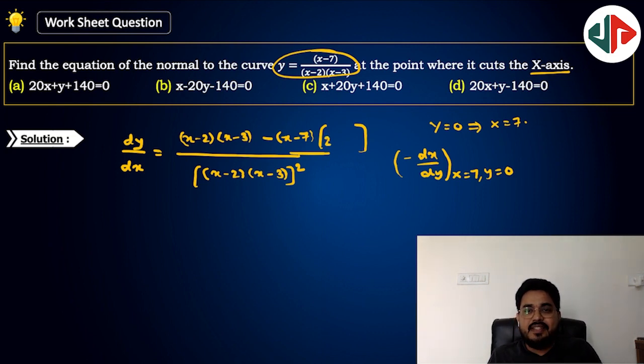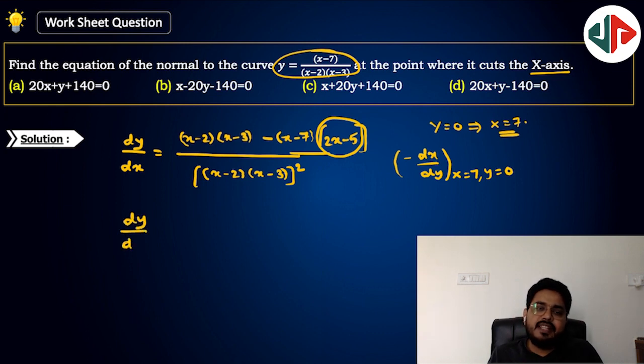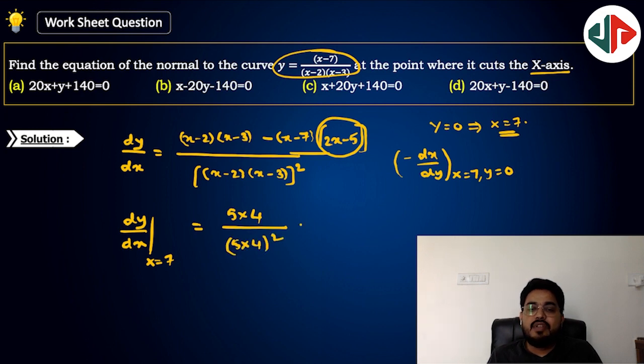So that is 2x minus 5. But this is immaterial because I'm going to find at x is equal to 7, this value goes to 0. So dy by dx at x is equal to 7 will be equal to 5 into 4 by 5 into 4 whole square, which is equal to 1 by 20.